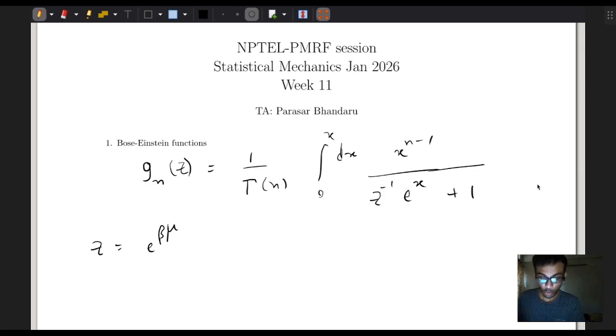For bosons, mu has to be less than the lowest single particle energy state. For a non-interacting system of bosons, the chemical potential must be less than the least of all the single particle energy states. So we'll be setting the single particle energy state with the lowest energy to zero. So mu is going to be less than zero, and we'll be interested in the case when z is less than or equal to 1.